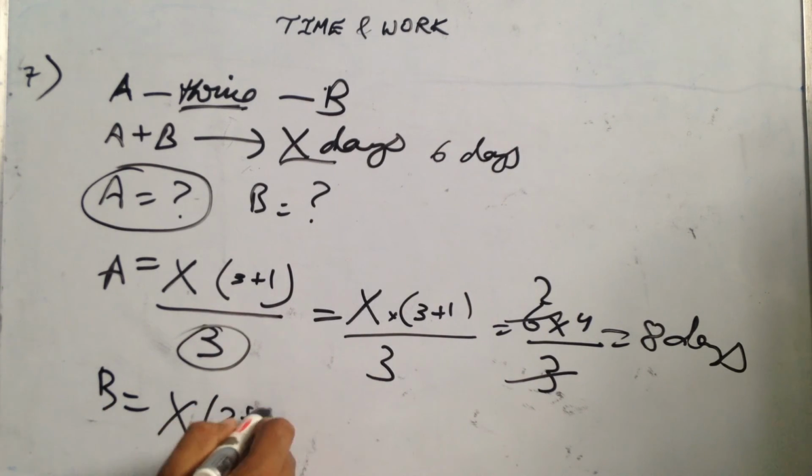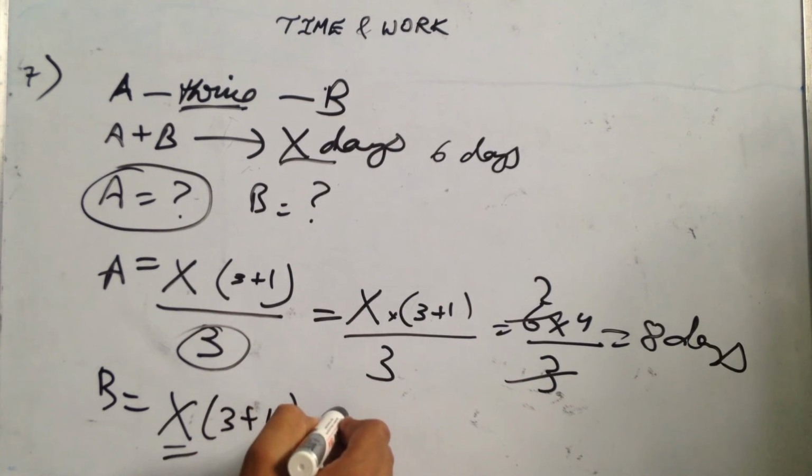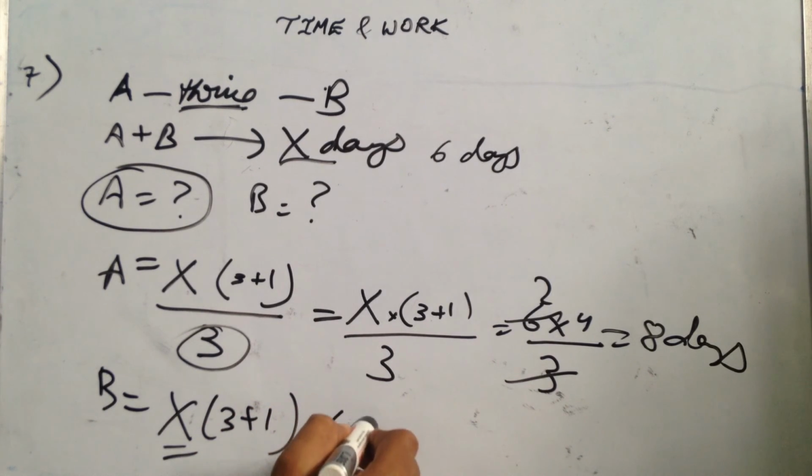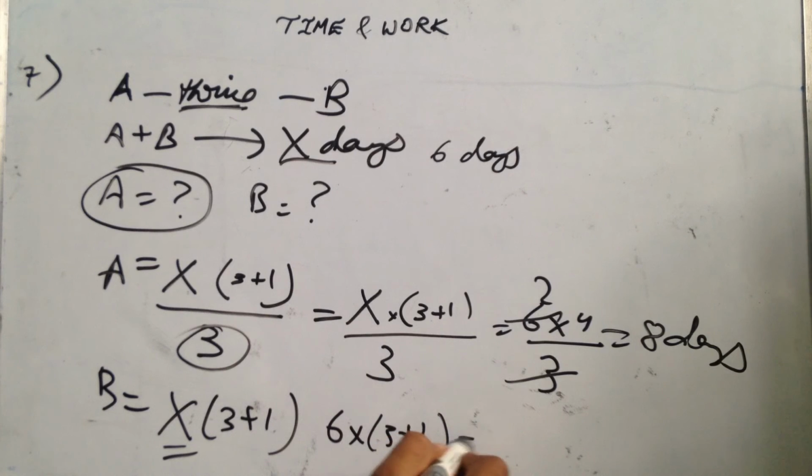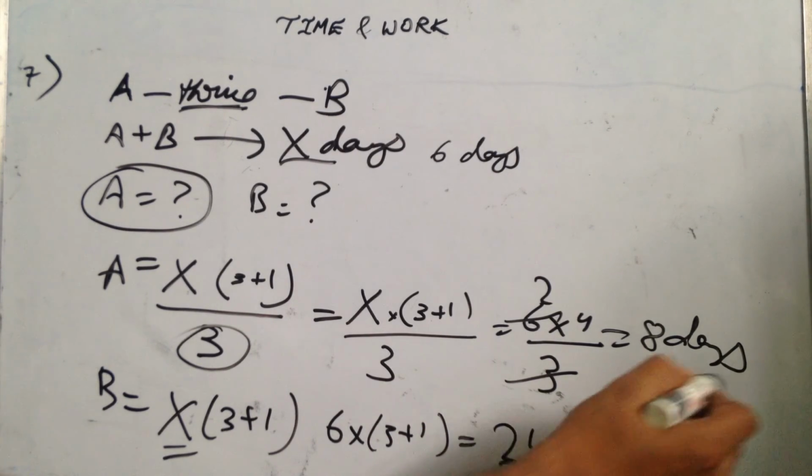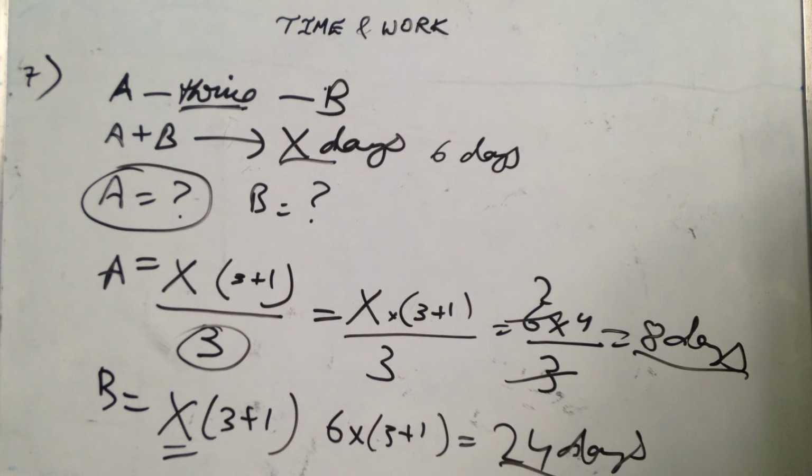X into (3 plus 1): X is 6, so 6 into 4, 4 6s are 24 days. And you can check here, 8 is 24. So this is a very nice problem, and you can solve it directly without consuming more time. In the next part we will see other problems and how to solve them quickly. Thank you.